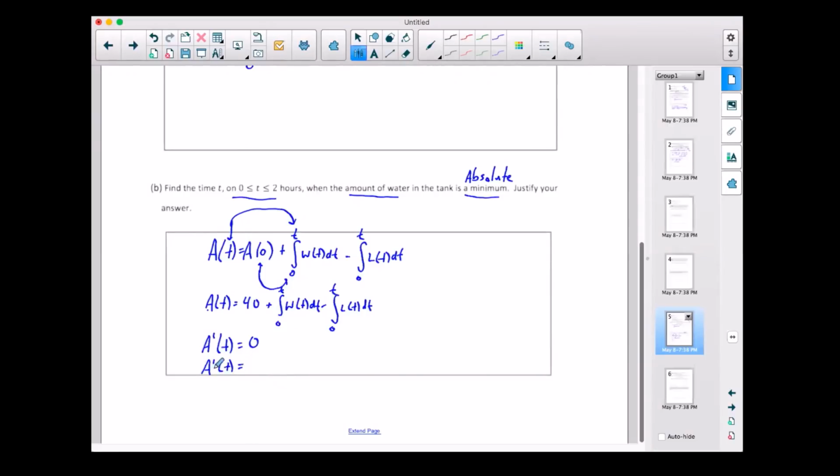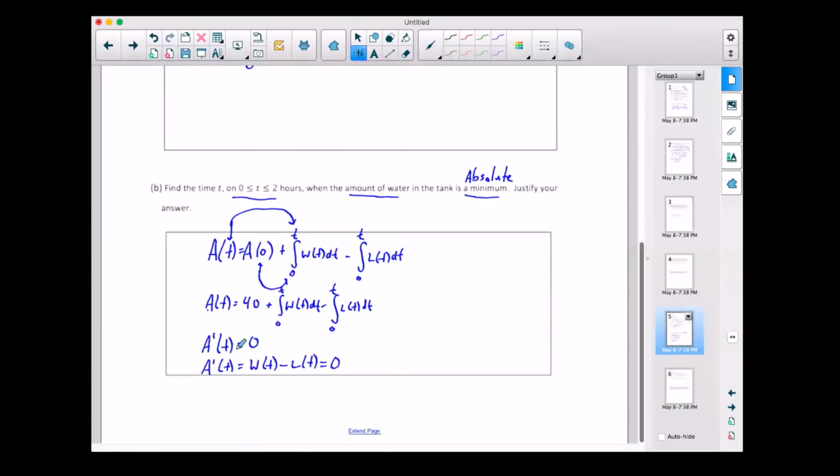A prime of t is going to be equal to the derivative of all of this. Well, 40's derivative obviously is 0. The derivative of this, we're integrating and then taking a derivative, that's just W of t. And the derivative of this is just going to be L of t, right? And we're trying to set this equal to 0.